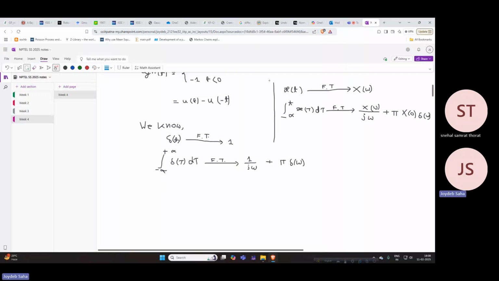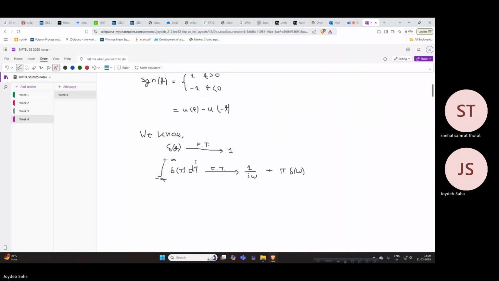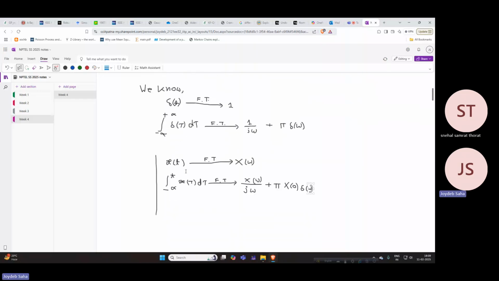Let us cut it and paste it here with the box.